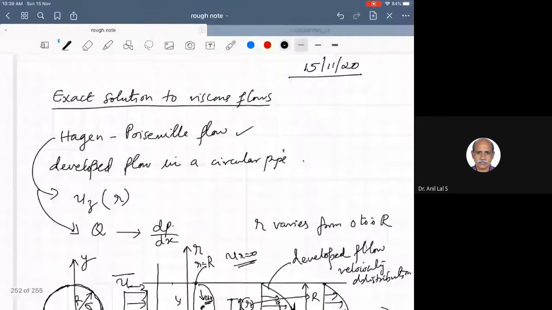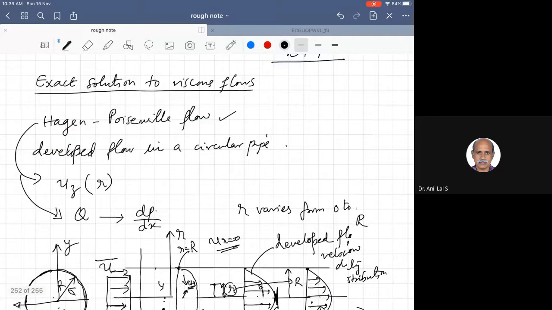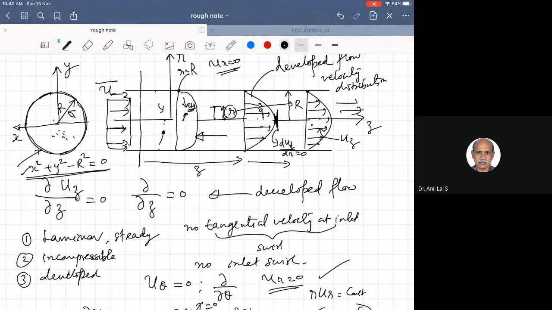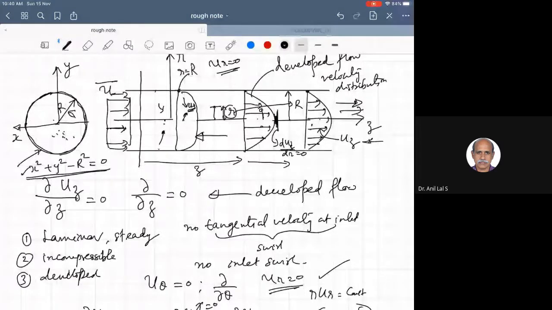Positive uz means the flow is in the positive direction of z, when dp/dz is negative. If dp/dz is positive, the flow will be in the opposite direction. If dp/dz is equal to 0, there is no flow.